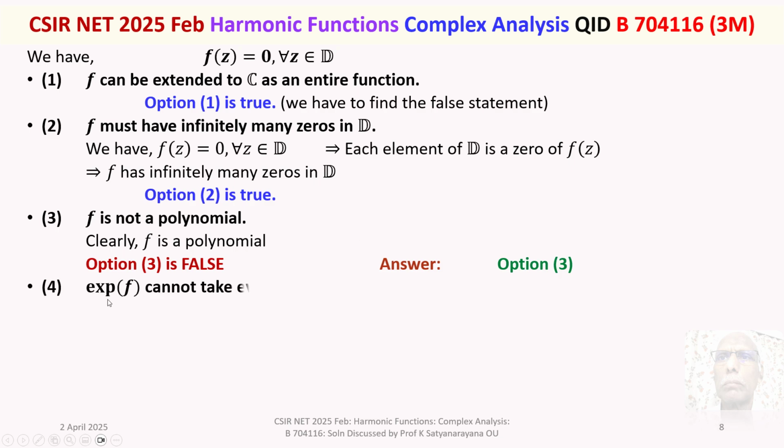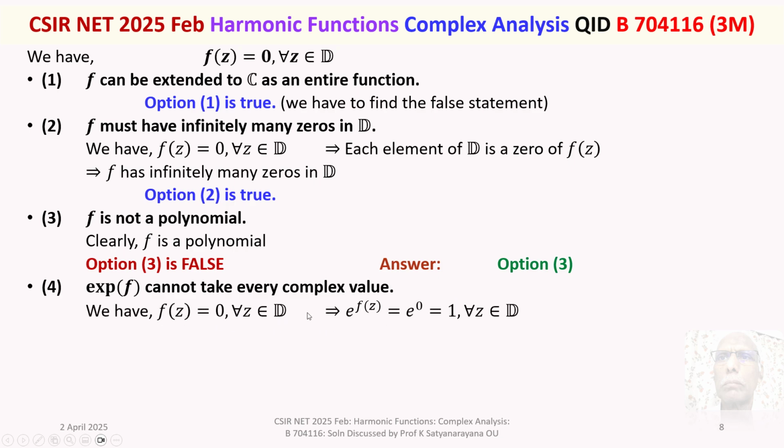Go to option 4. Exponential of f, that means e to the power f, cannot take every complex value. Yes, we have f(z) = 0 for all z belongs to D. So this will be e to the power f(z), that is equal to e to the power 0, that is equal to 1 for all z belongs to D. So it is very clear that e to the power f(z) will not take every complex value.